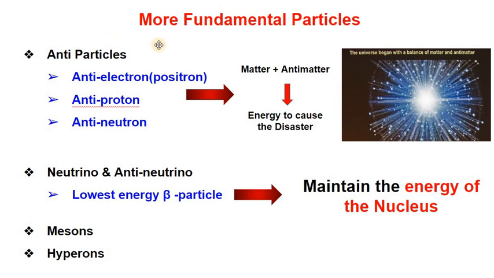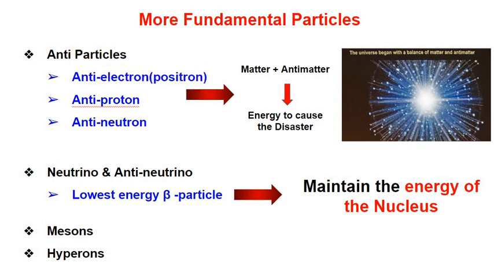proposed that there should be some kind of antiparticles, but for that he had to face criticism from the scientific community. So the concept was not accepted at that time. But in 1932, for the first time, the positron was detected by Anderson. The positron is the anti-electron.